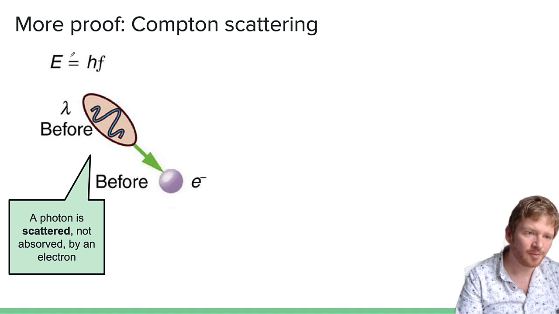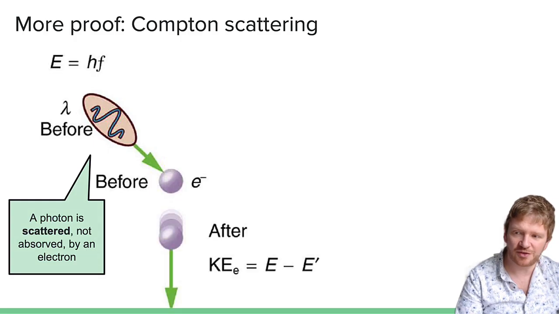So we've got E as hf, that gives us the energy of a photon. A photon has a particular wavelength as it comes in and hits an electron. Now, the interesting thing was that he was watching these electrons, and he could see that they had a change in kinetic energy, and they gained kinetic energy through this interaction.